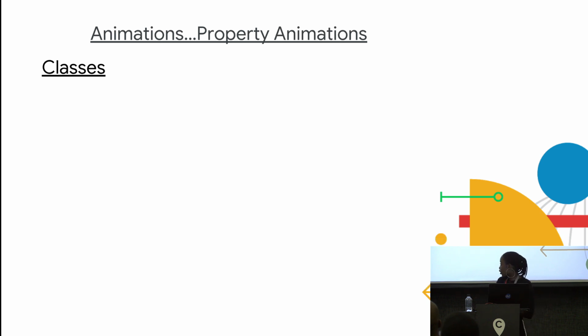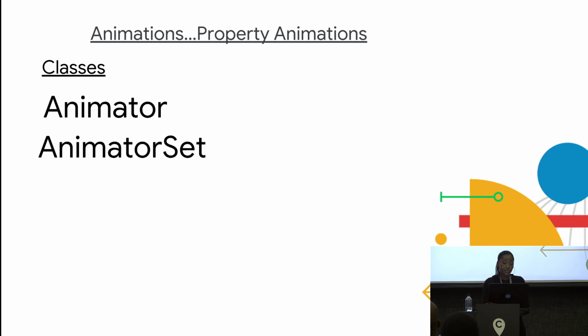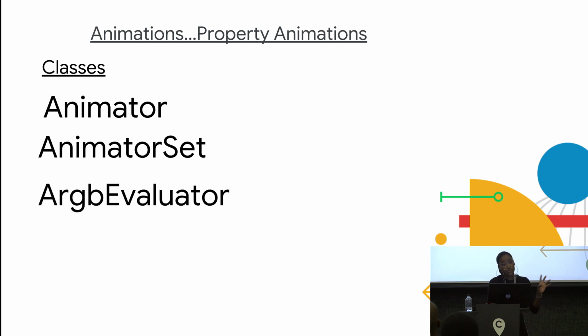And it has the following classes. There's the Animator class, which is a superclass that provides basic animation for your objects. You have the AnimatorSet again, which plays a set of animator objects in a specified order. You have the ArgbEvaluator. This is used for colors when you want to animate between two colors or a set of colors.